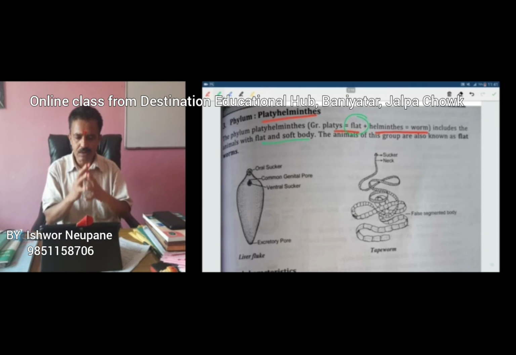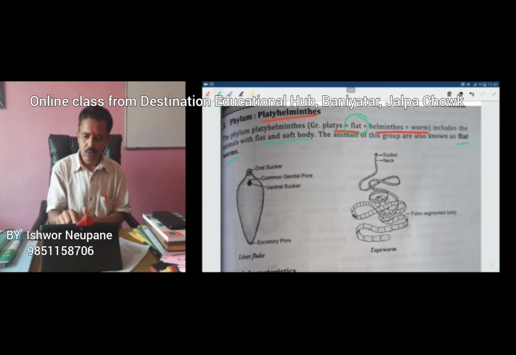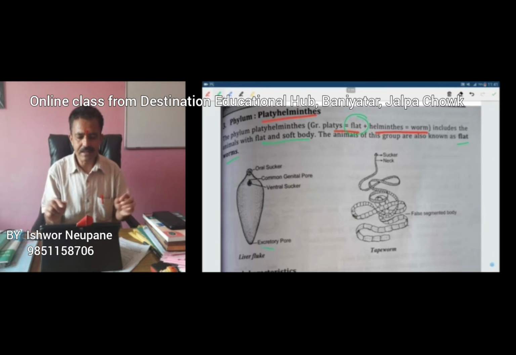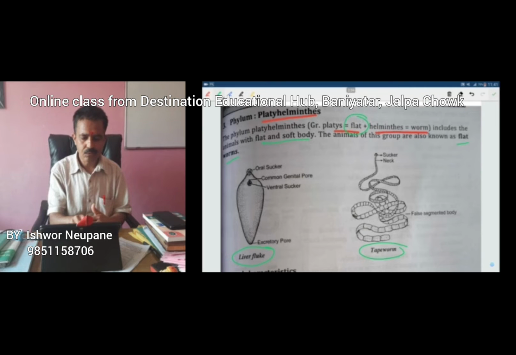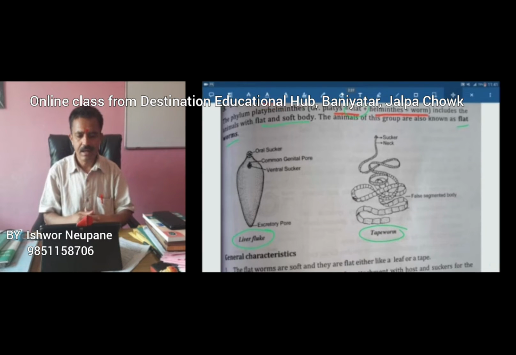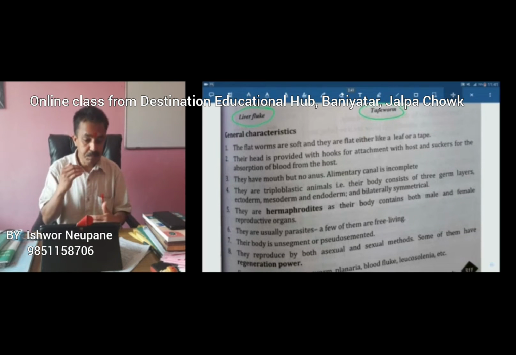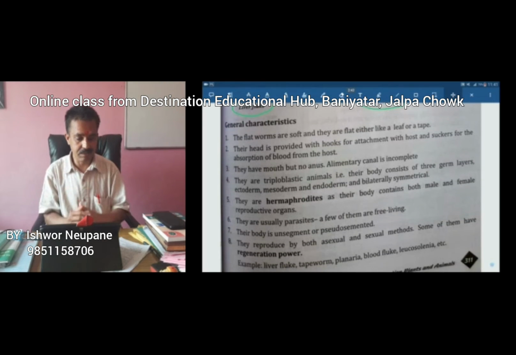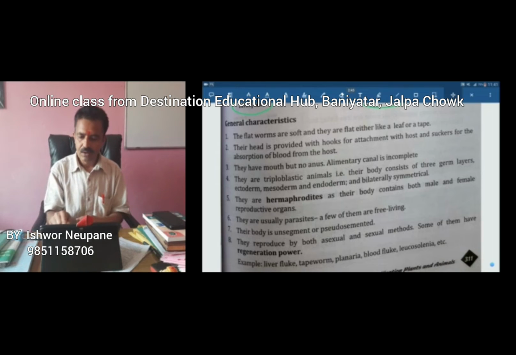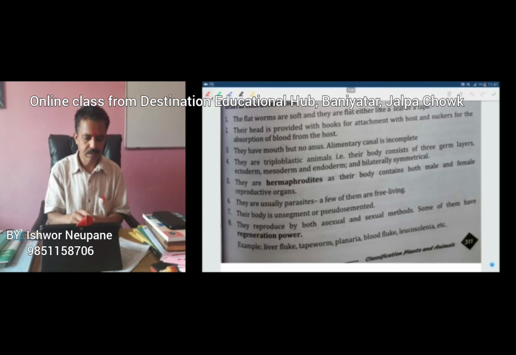Here we have to make our concept clear that those animals whose body is flat and elongated, they are called Platyhelminthes. And their body is soft also. Flat, elongated, long and soft body animals. And those animals which belong to phylum Platyhelminthes are called flatworms.